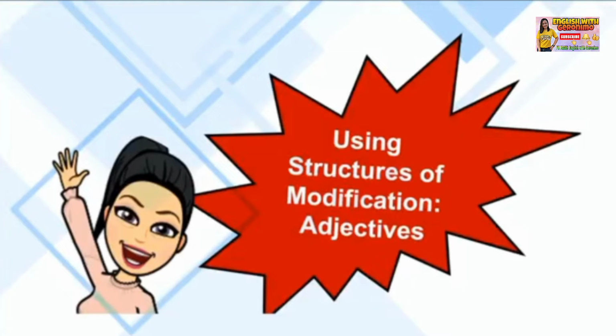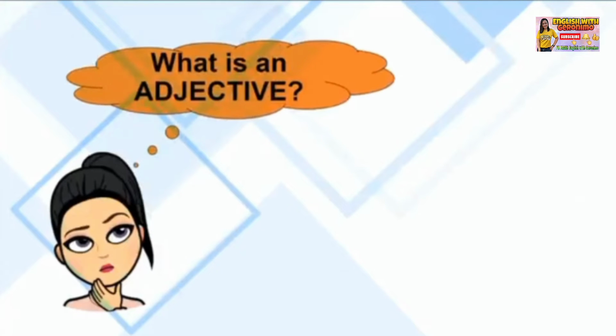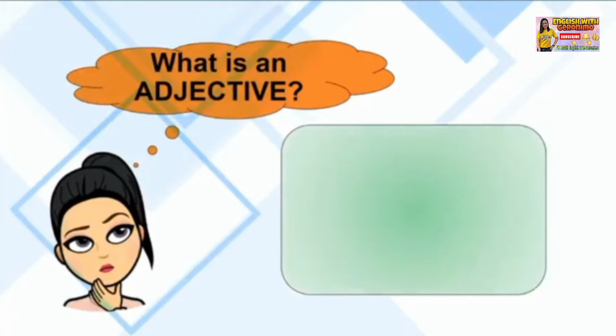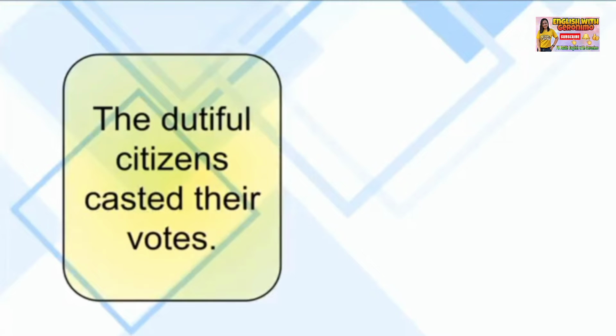Flag and Filipinos are both nouns. The descriptive words are examples of adjectives. What is an adjective? An adjective describes or modifies nouns and pronouns in a sentence. To find an adjective, it is important to locate the noun first. Example: the dutiful citizens casted their votes.